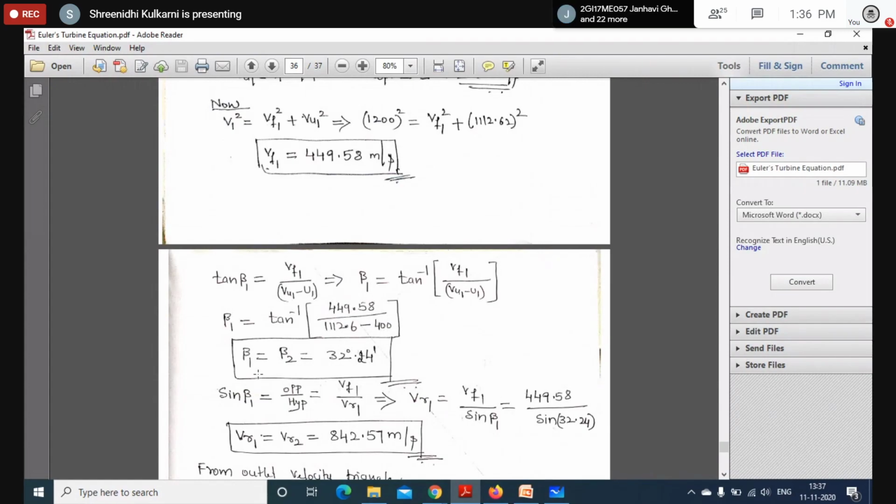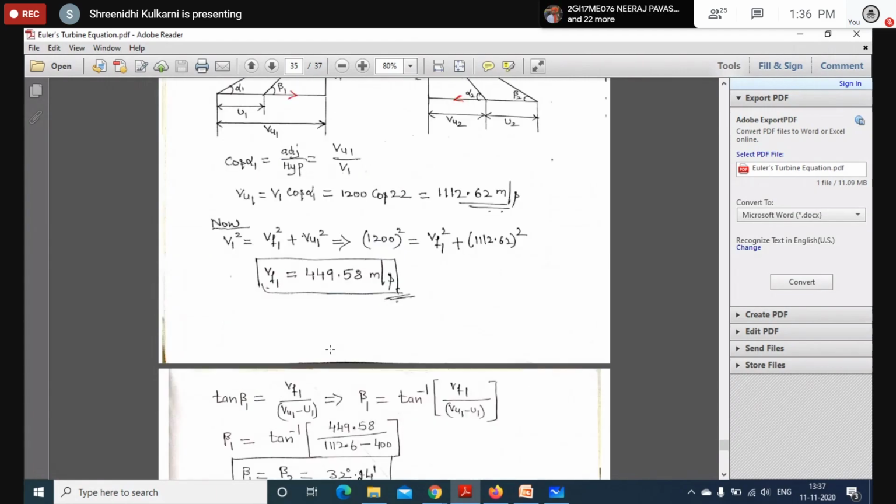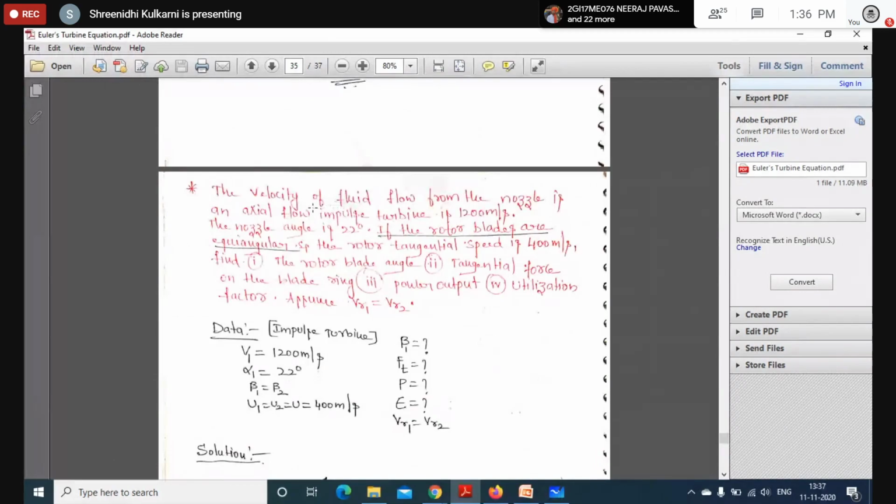Relative velocity is 842.57 meter per second. Why VR1 is equal to VR2? Because it is an impulse turbine.